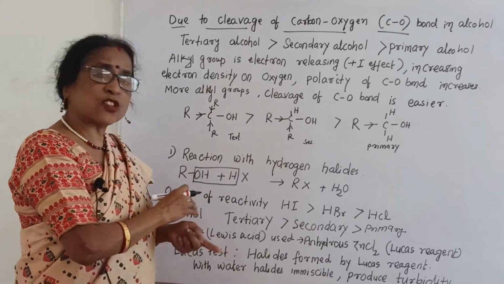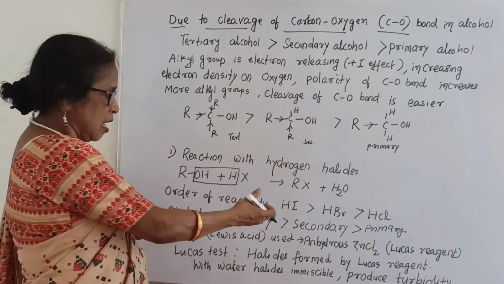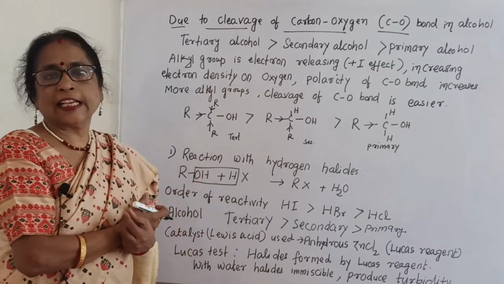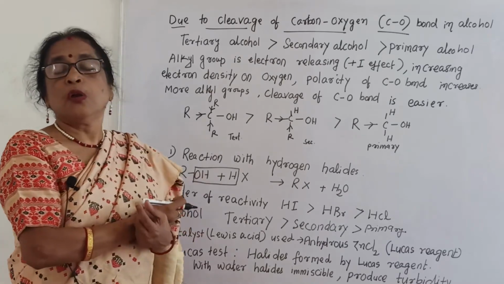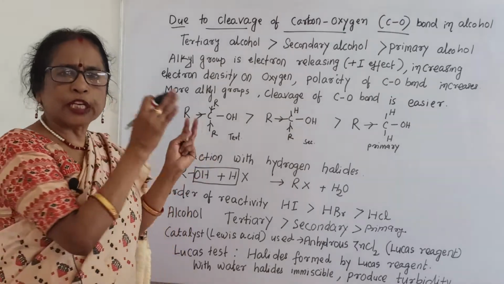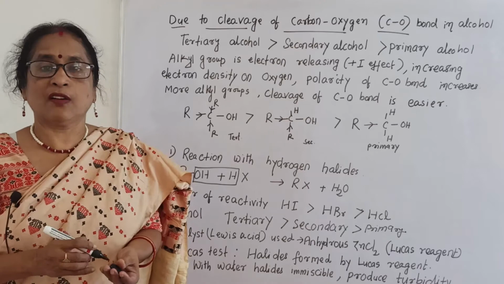This is called Lucas reagent. A scientist named Lucas was involved in this reaction. He proved many things in this reaction, which is why it is called the Lucas test. The Lucas test is very important to distinguish between primary, secondary and tertiary alcohol.